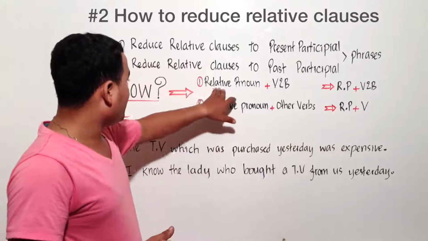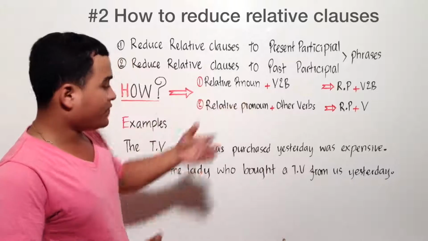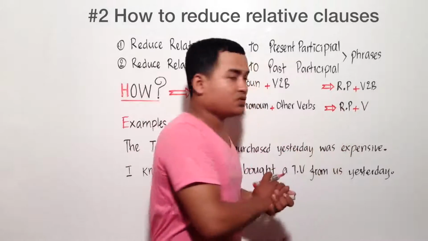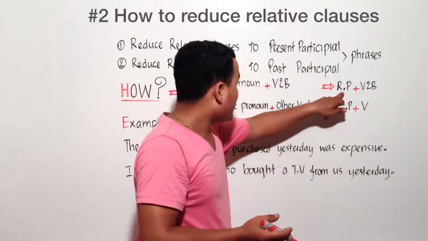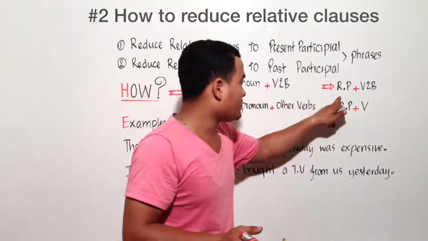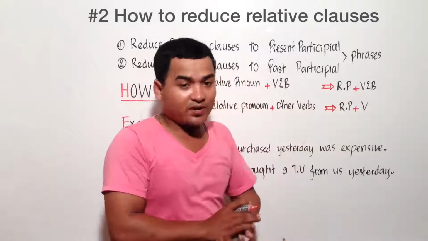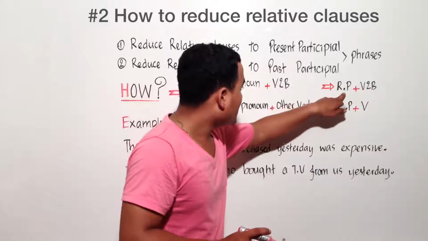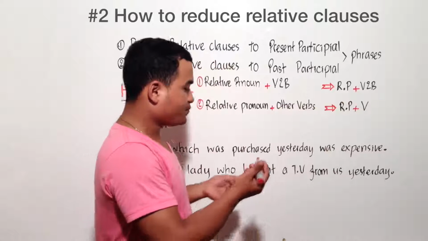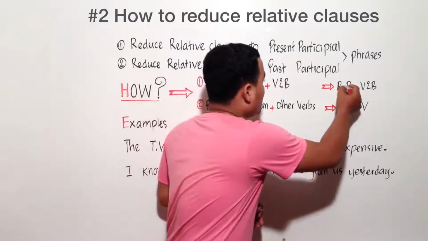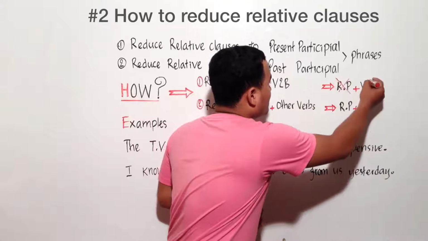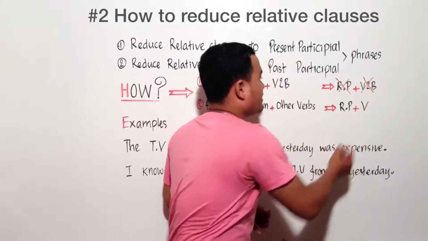If you face the first basic form, you have to remember to remove both the relative pronoun, RP here being a short word for relative pronoun because we have limited space, and the verb to be.